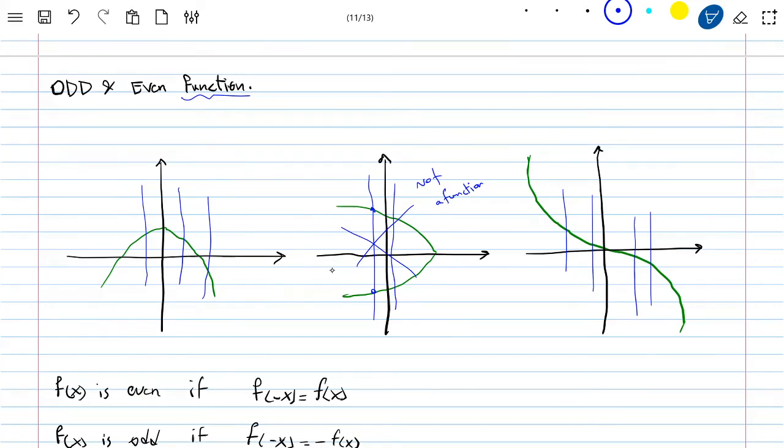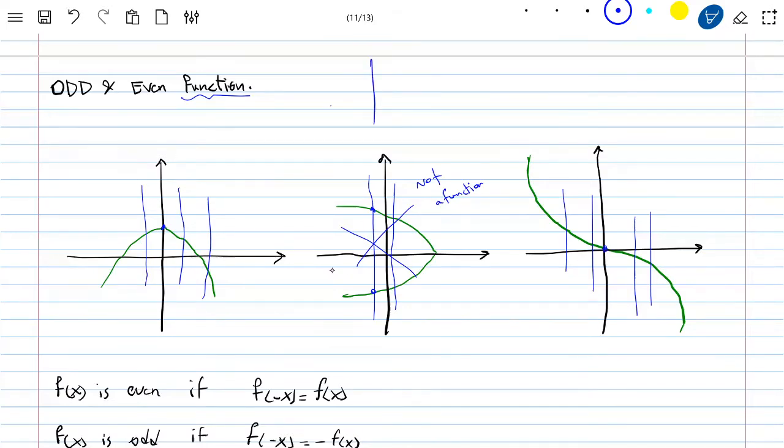So there is a symmetry property that we cannot discuss. You cannot discuss x-axis symmetry for a function. It was possible for an equation, but not for a function. For a function, you have only two types of symmetry. Either it's symmetric about the y-axis, or it's symmetric about the origin. There is a third case, that it's not symmetric at all.